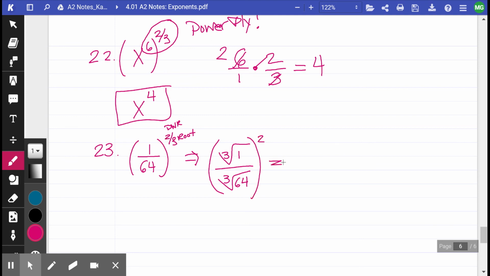All right, so now the cube root of 1 is 1. 1 times 1 times 1 is 1. And the cube root of 64 is 4. Again, you can use that in your calculator. You can use the math menu for the cube root key, or you can also type in 64 raised to the 1/3 power. And then we're squaring it. 1 squared is 1. 4 squared is 16.